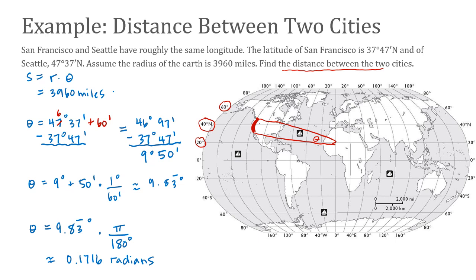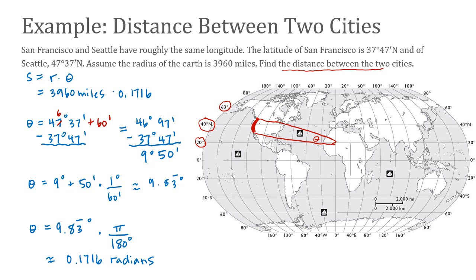And so I wrote 0.1716. I'm going to write that in my formula for theta, but what I'm actually putting in my calculator is that full thing that I just said.